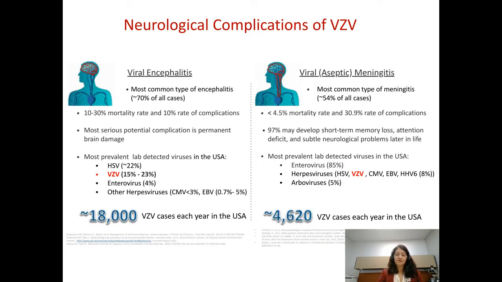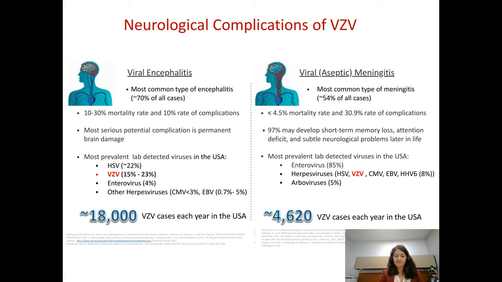So here are some neurological complications of VZV. We talked about viral encephalitis and viral aseptic meningitis. Listed on the left-hand side is viral encephalitis, which is the most common type of encephalitis and is caused by viruses. VZV causes 15 to 23% of these viral encephalitis cases, about 18,000 cases per year, as compared to viral aseptic meningitis on the right-hand side.